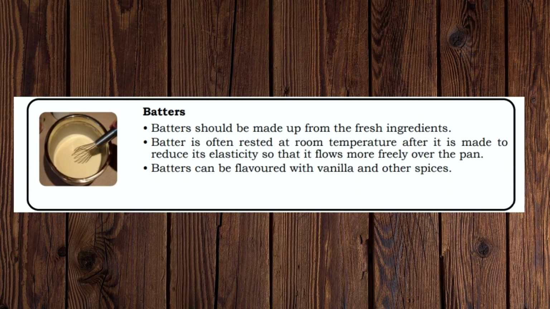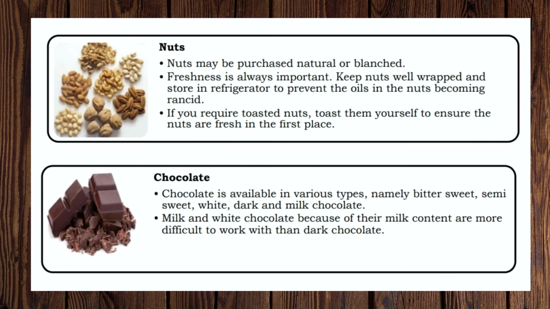Batters. Batters should be made up from fresh ingredients. Batter is often rested at room temperature after it is made to reduce its elasticity so that it flows more freely over the pan. Batters can be flavored with vanilla and other spices. Nuts.